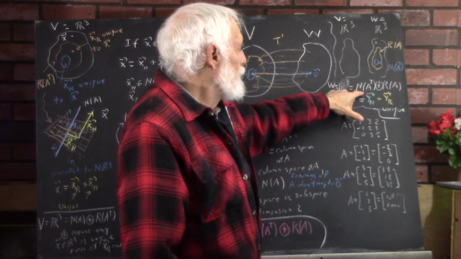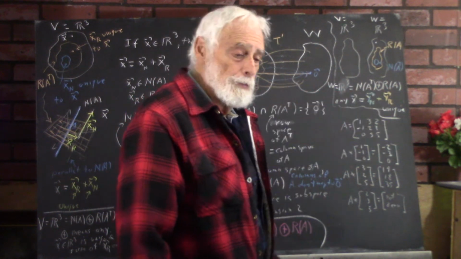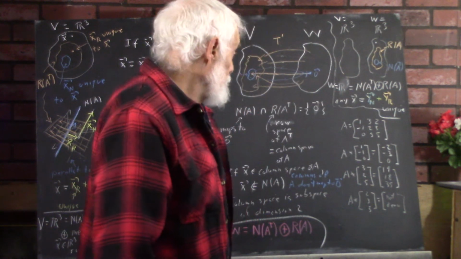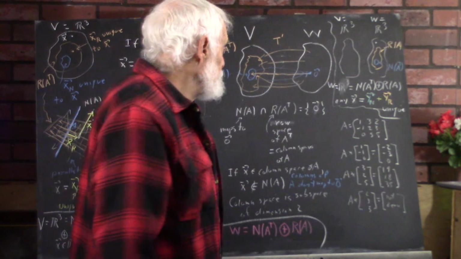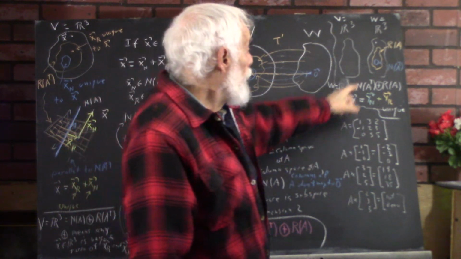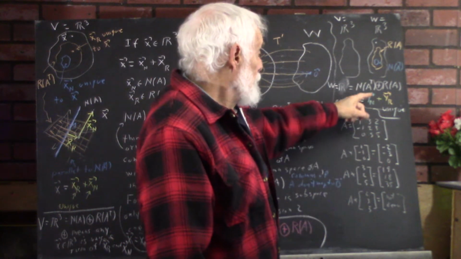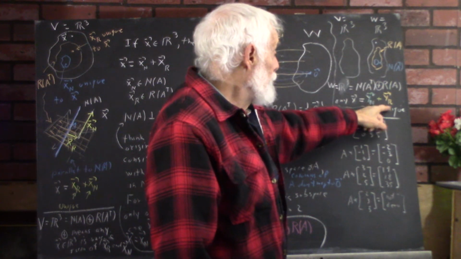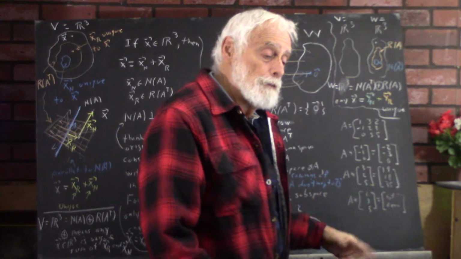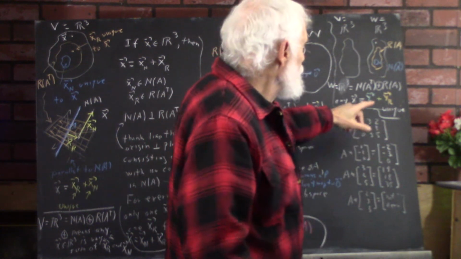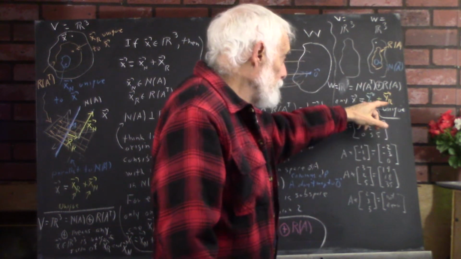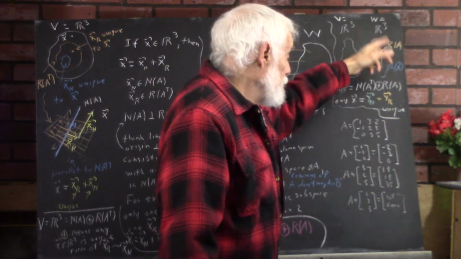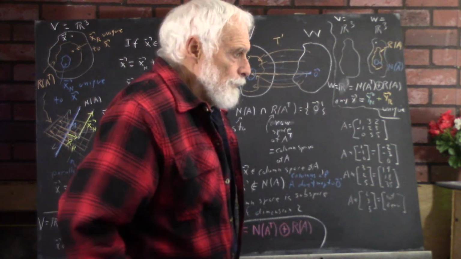W is the null space of A transpose plus the range space of A, or the column space of A. Meaning that any y over here can be written as a vector in the null space of A transpose and a vector in the range of A.